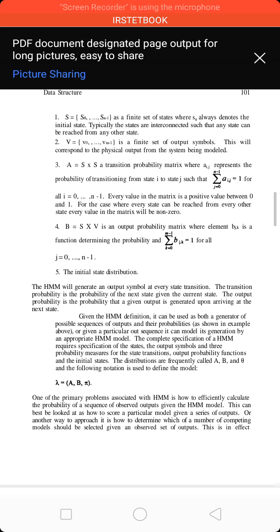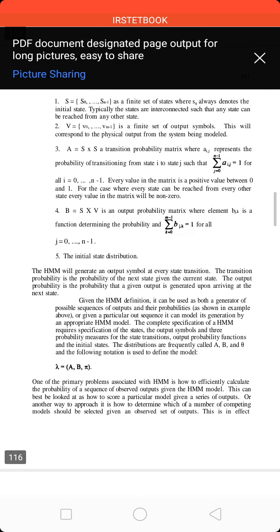Okay, so the fifth one is the initial state distribution. The HMM will generate an output symbol at every state transition. The transition probability is the probability of the next state given the current state. The output probability is the probability that the given output is generated upon arriving at the next state.